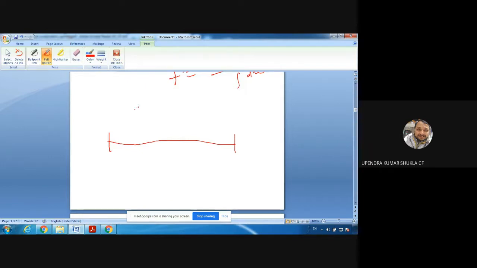So, this is called the leading edge of the plate, and this is called the trailing edge of the plate. Okay, means trailing edge is x equal to L and leading edge is x equal to 0.